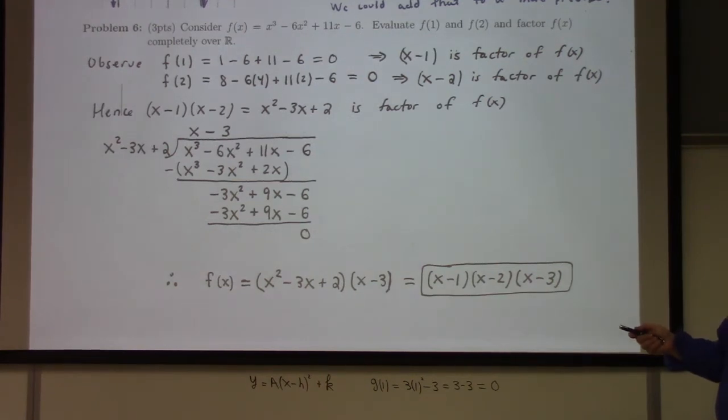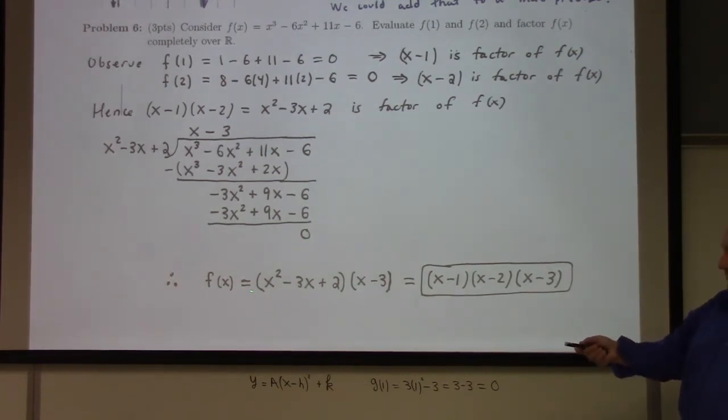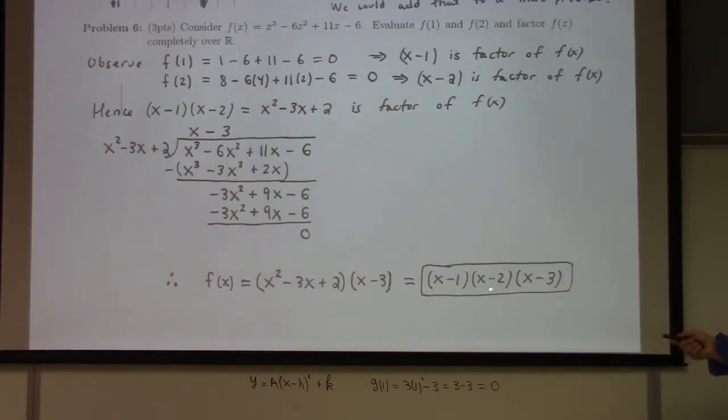If you do synthetic division, you'd have to do 2 synthetic divisions to get to this, yeah? One for the 1 and one for the 2. But anyway, you get x minus 3 here, which means that, since the remainder is 0, we have this factoring, yeah? And then, of course, this was x minus 1 times x minus 2, so there you go, completely factored.